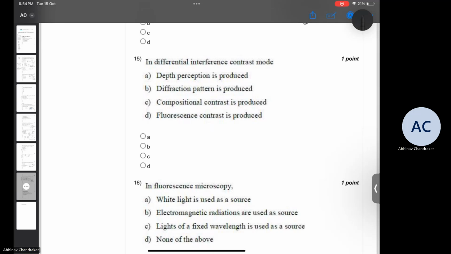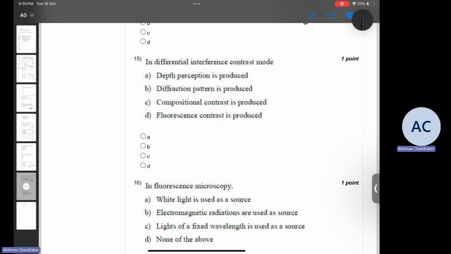We have already studied that in differential interference contrast mode, it is the change in the path difference of two different beams, two different rays, which are traveling through a specimen. There's a change in path difference due to different thicknesses and refractive indices of different regions in the specimen.